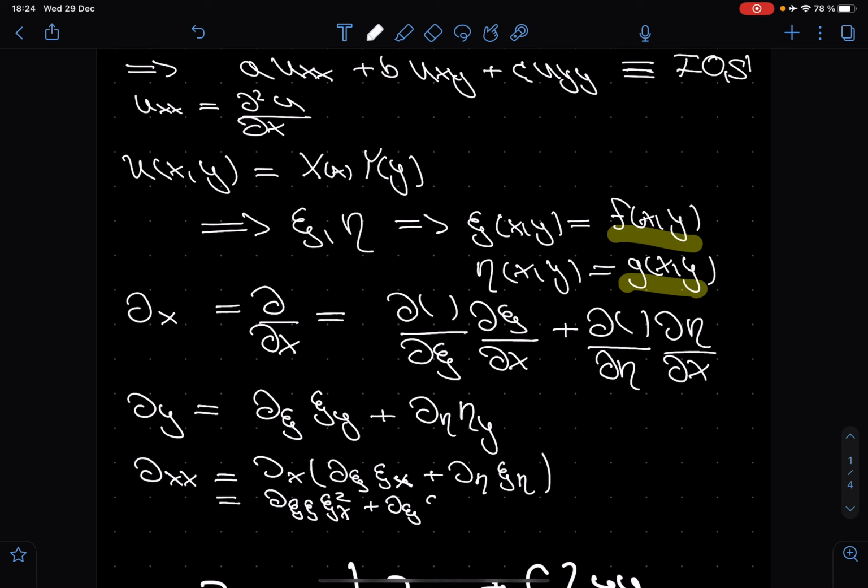That's just the basic chain rule, but we don't have to forget the dependence on eta. So you get xi eta times xi x eta x.